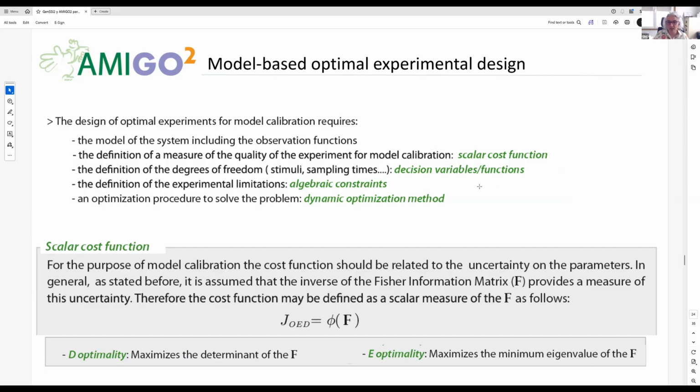We need to define what are the degrees of freedom in our experimental scheme, and we may also need to impose constraints on the experiments. For example, we cannot measure more than 8 sampling times, or the experiment cannot last more than 8 hours because we don't want to be here overnight, right? So constraints that make the design kind of comfortable for the experimentalists.